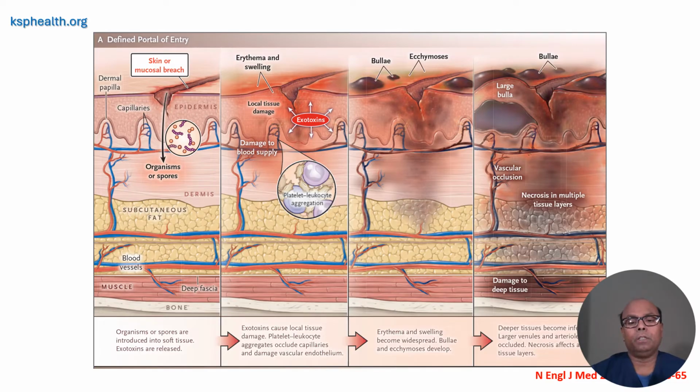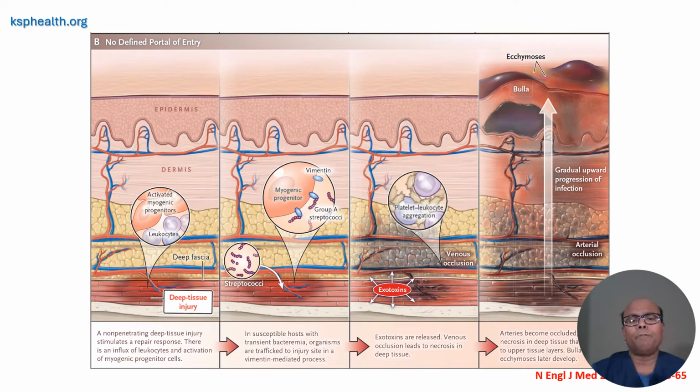It causes initial vasodilation followed by platelet and leukocyte aggregation, and that results in erythema and swelling. If unattended, then bullae and ecchymosis develop as a result of clogging of capillaries. If still unattended, the infection goes deeper into the subcutaneous and muscular layer, then outward manifestations like large bullae will appear.